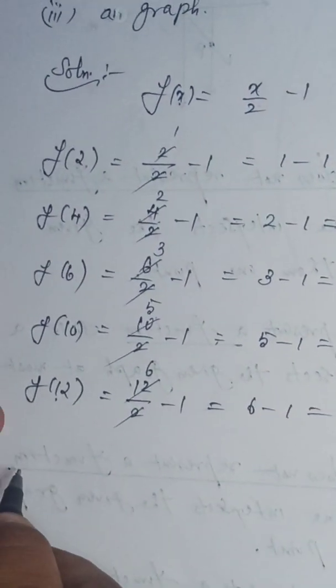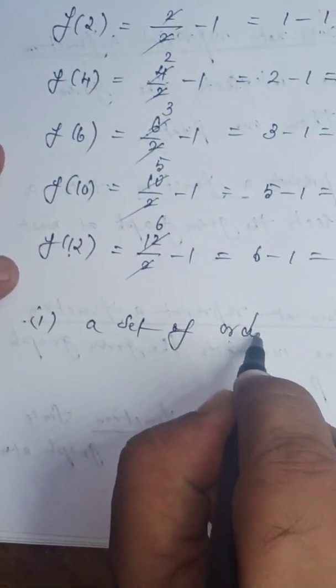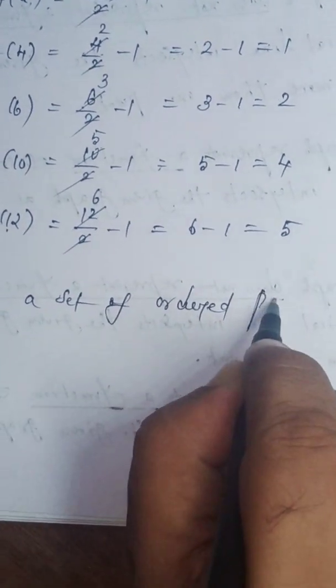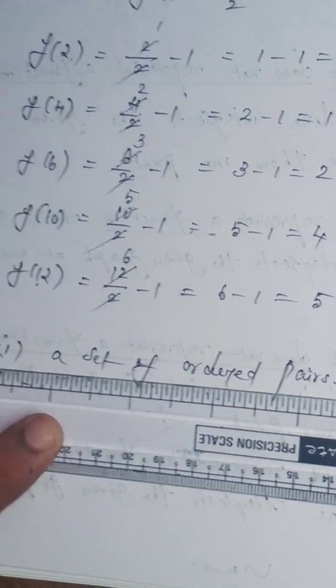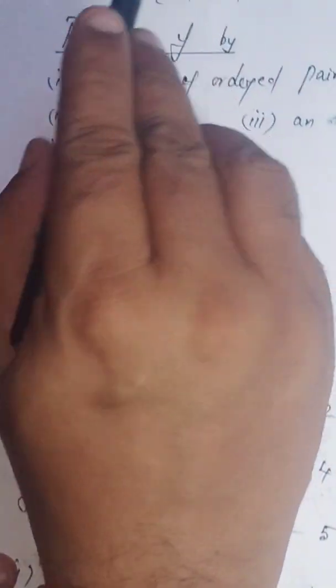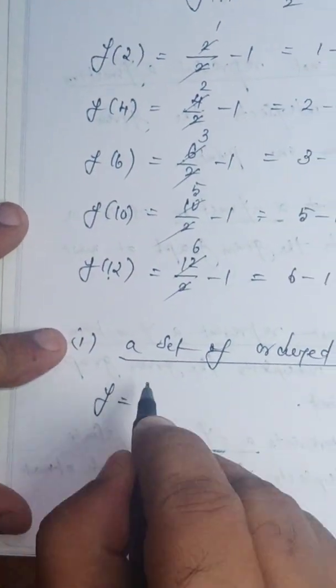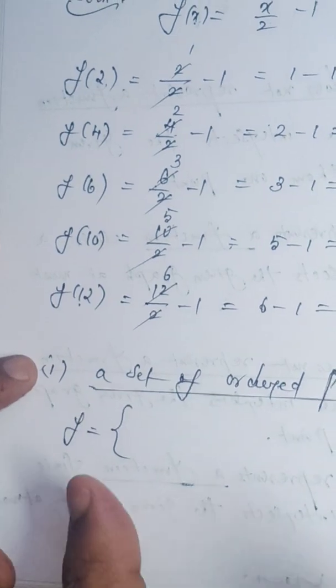Now subdivision number 1, set of ordered pairs. f from A to B is given. So write f equals, ordered pairs inside the set brackets.